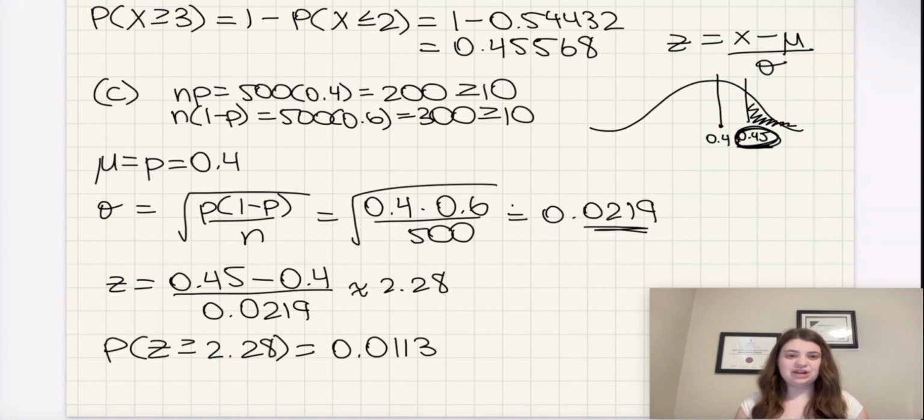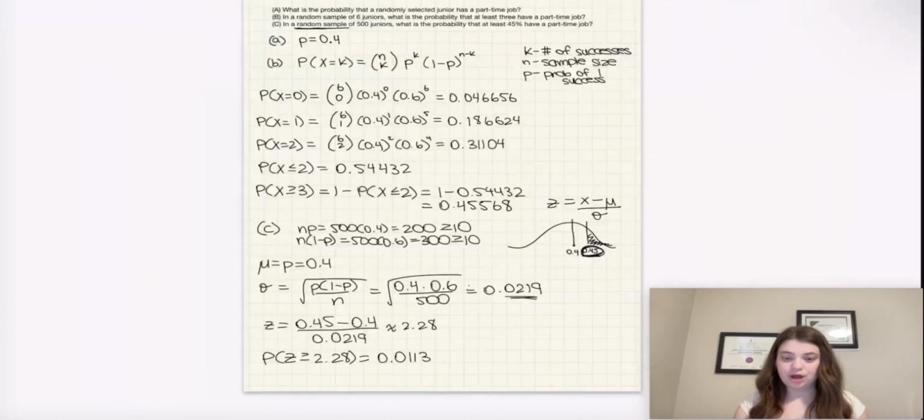If we had a bigger standard deviation, then that may have been different. But that is our answer. So basically, the answer here is that there is a 1.13% chance that at least 45% of the 500 students sampled would end up having a part-time job.